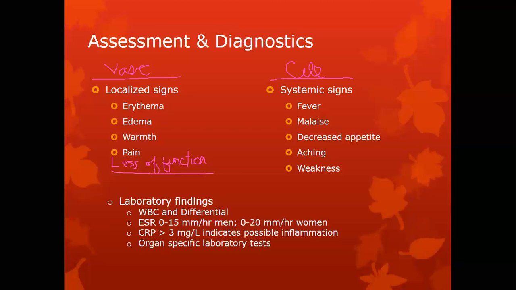So it is a non-specific sign of infection. It's non-specific, but it is something we'll look at to help point us towards an inflammatory process. Normal values are 0 to 15 for men and 0 to 20 for women.